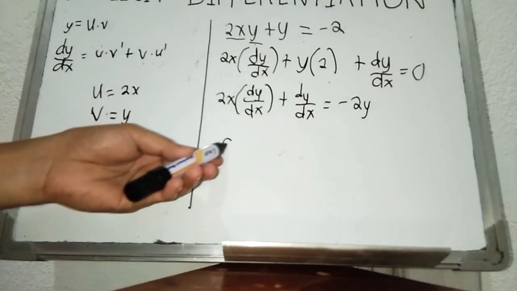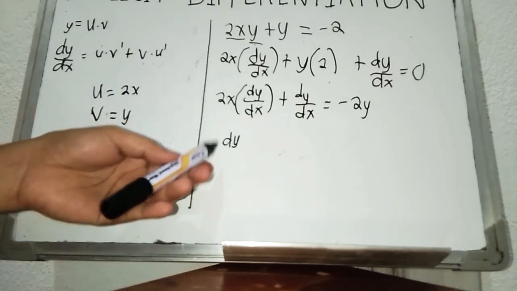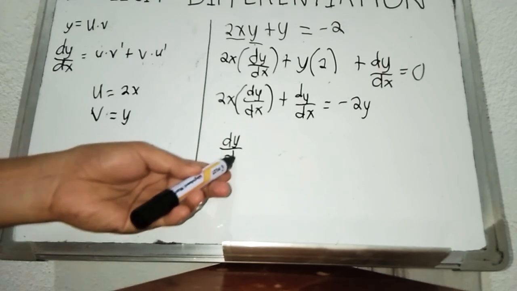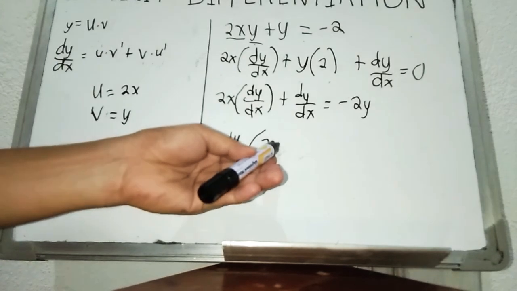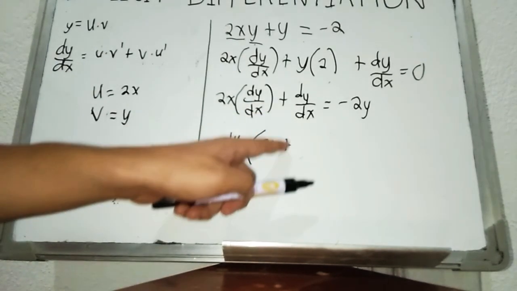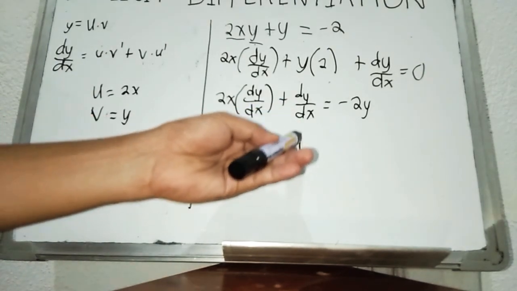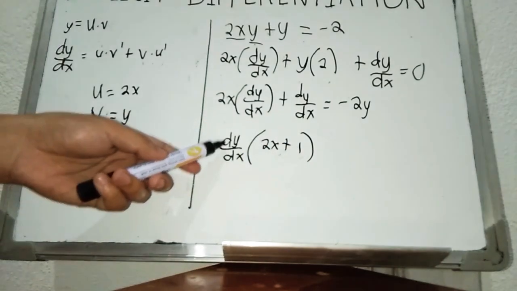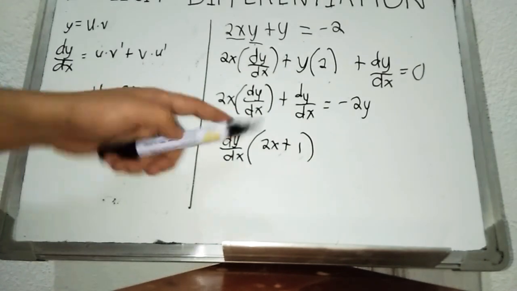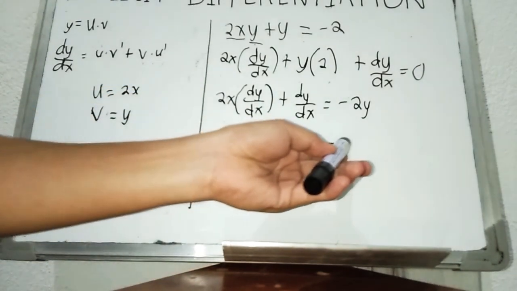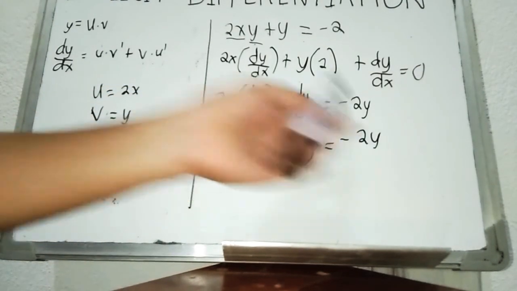So this is now dy over dx. What's left in the first term is 2x. Copy the operation. What's left in the second term? That's 1. So if you make use of the distributive property, the expanded figure will be the previous left side, which is now equal to negative 2y.